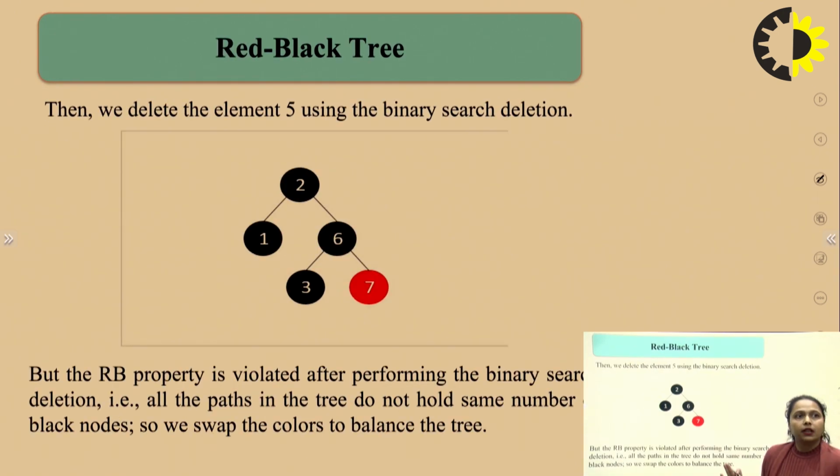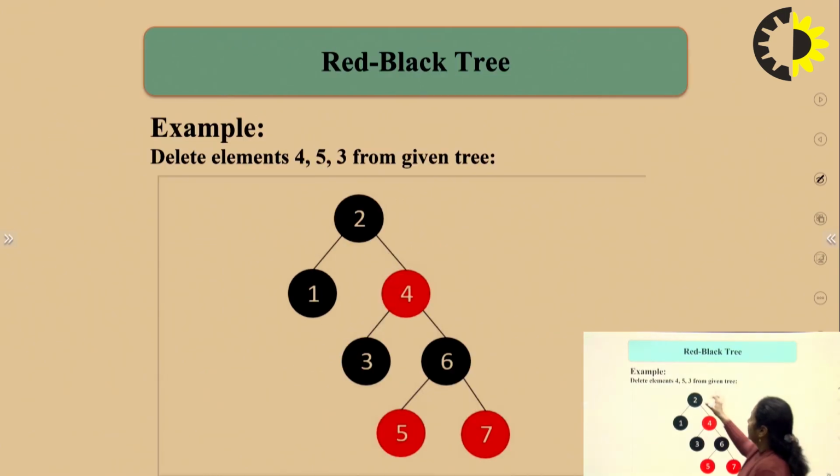Okay. Now, if I take a little example of this, if I want to delete 4, 5 and 3. So here you can see that 4 is the node which is red in color and it is having 2 black children.